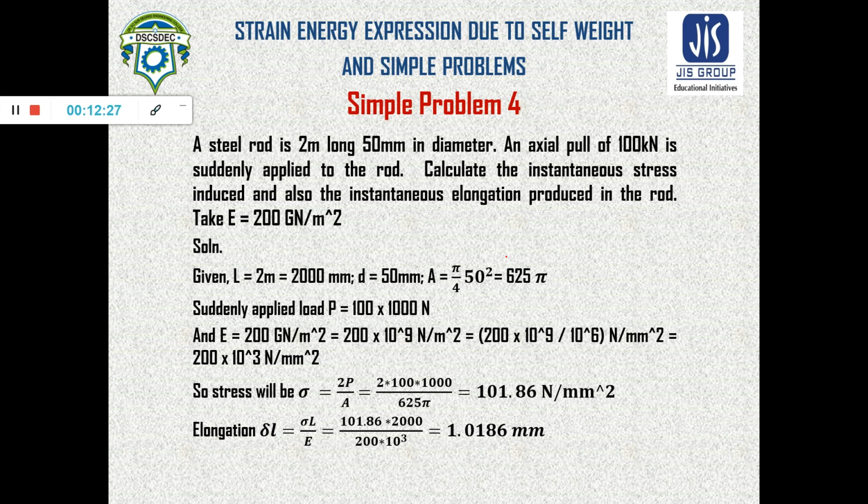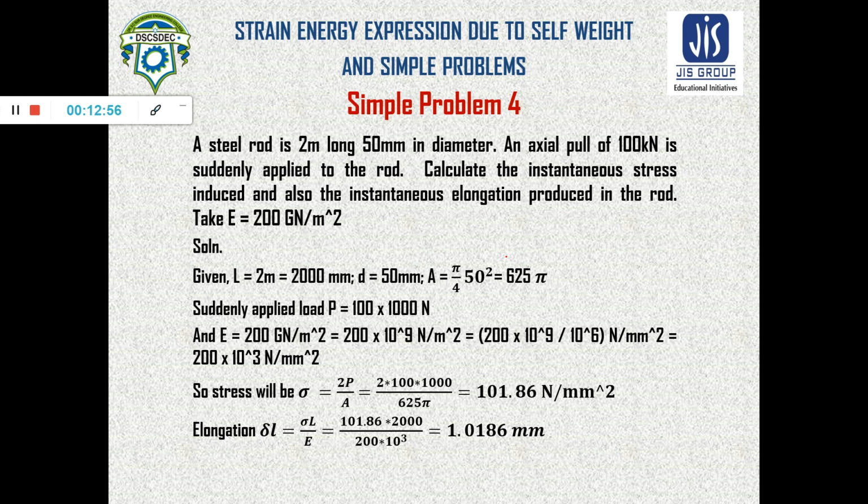The value of Young's modulus is given. As per the question, the length is 2 meters, that is 2 into 10³ mm, and the diameter of the bar is 50 mm, that gives us the area 625π.